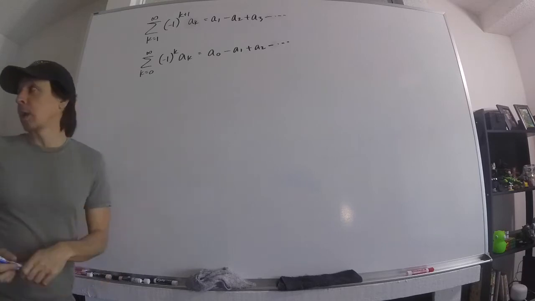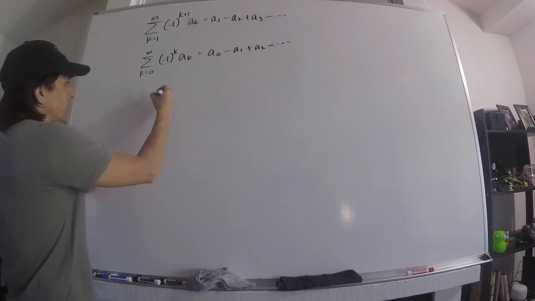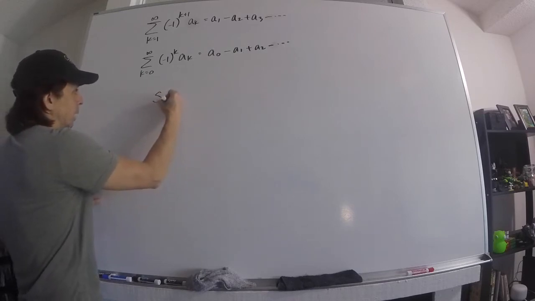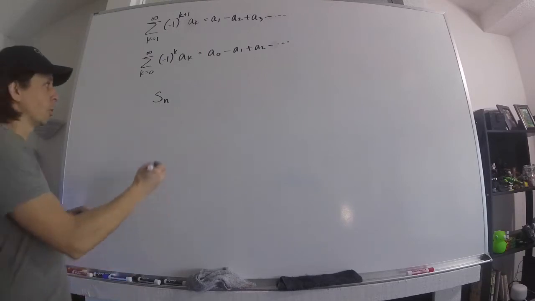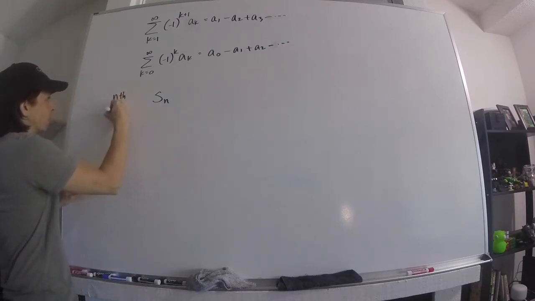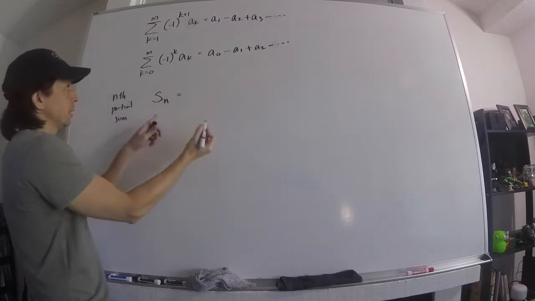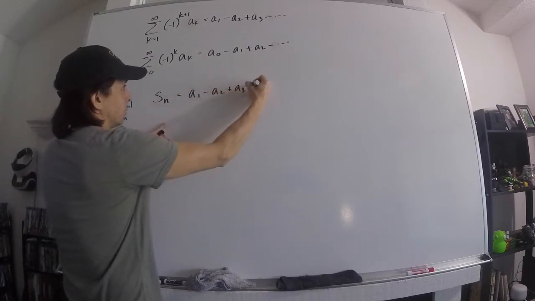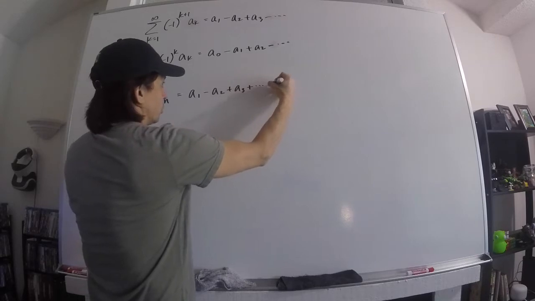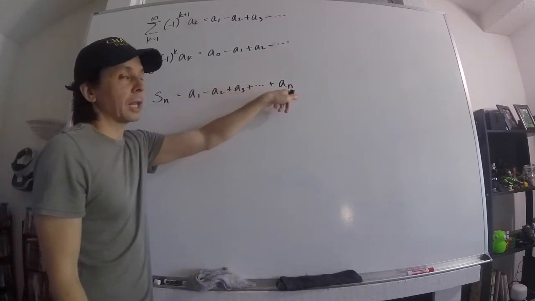But in both cases, when they refer to Sn, they just want the first n terms. So this is sometimes called the nth partial sum. It is the sum of the first n terms. So it could either be a1 minus a2 plus a3 ... all the way to an, 1, 2, 3 ... That's n terms right there.